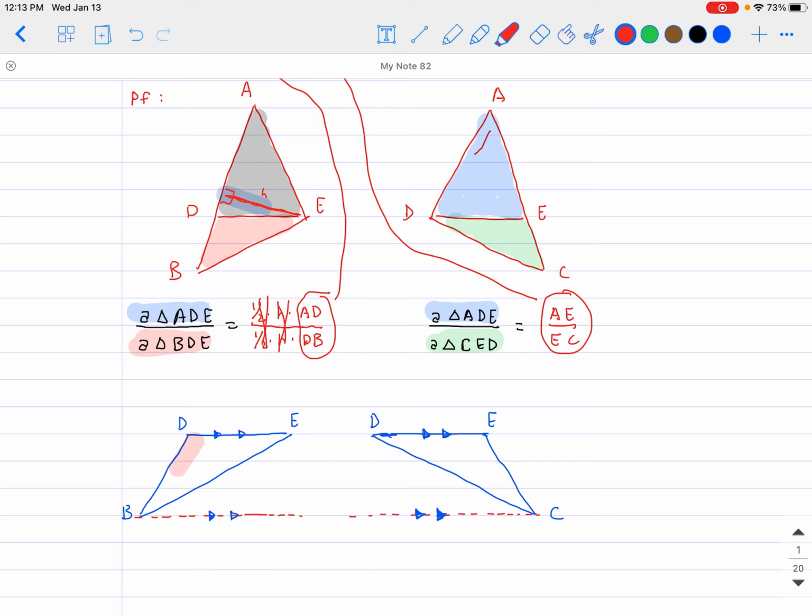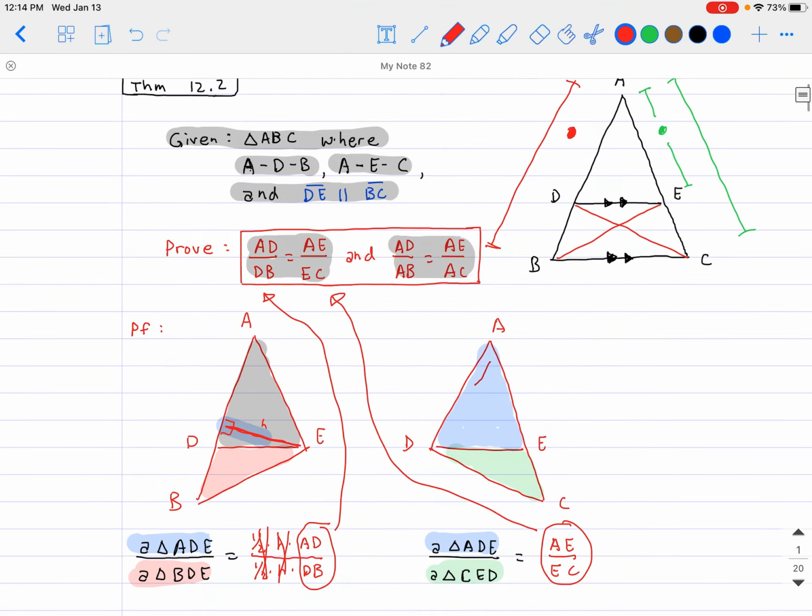First, we have BDE, which is over here, and then we also have DEC, which is over here right next to it. Remember, DE is parallel to the side on the bottom, BC. So they share the same base, because DE is the same base for each one of them. Then you also have the height right here for one of them, which is the same as the height for the other.